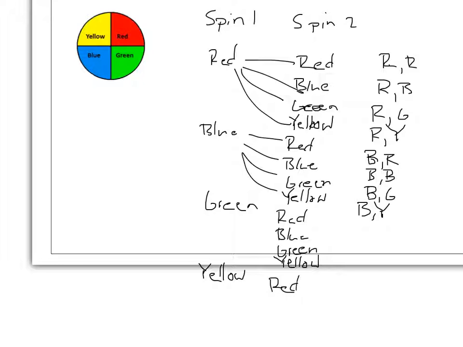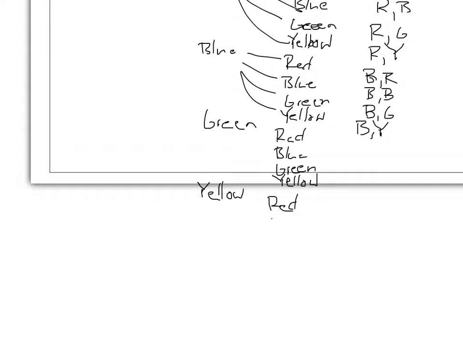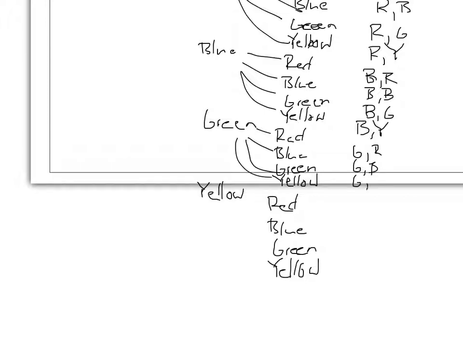Red, blue, green, and yellow. And again, we have those outcomes: green red, green blue, green green, and green yellow, yellow red, yellow blue, yellow green, and yellow yellow.